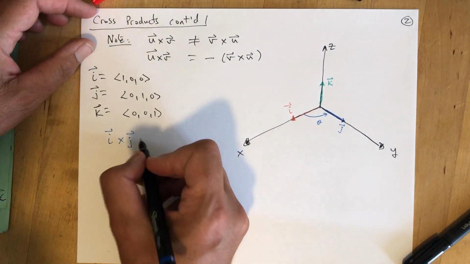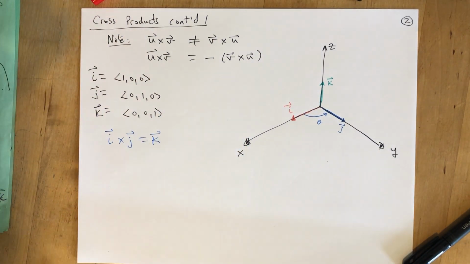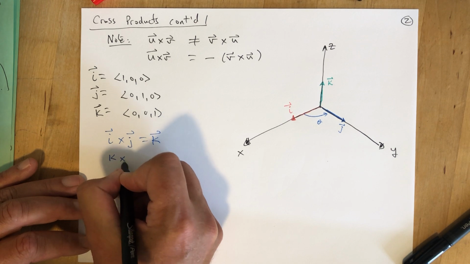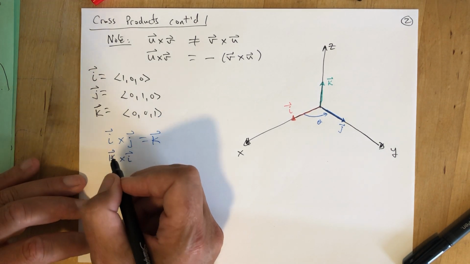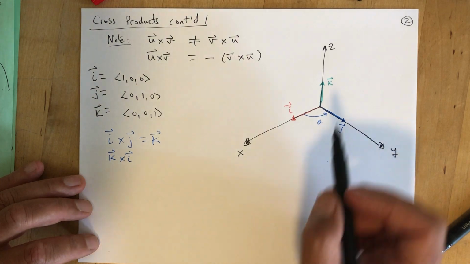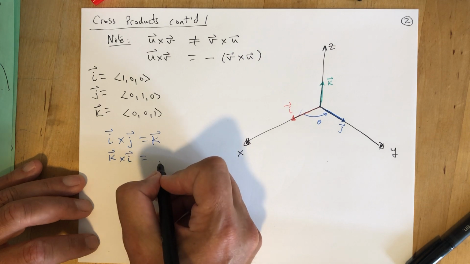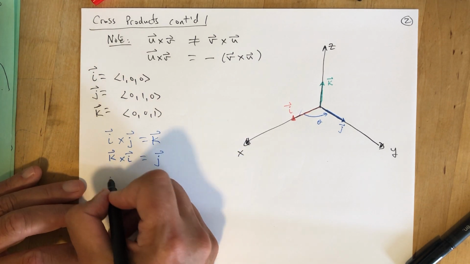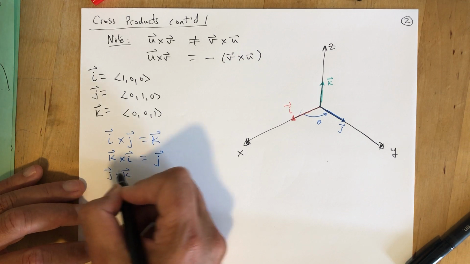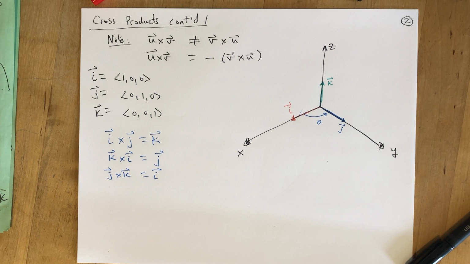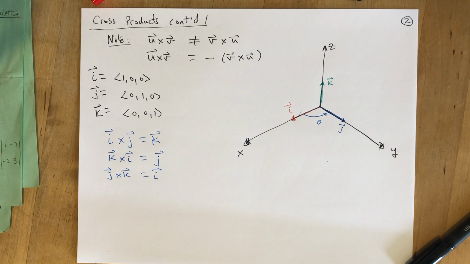I cross J equals K by the cross product. And similarly, if I take K cross I, so let's see here, K cross I gets J. And if I take J cross K, I get I. And we can use all these to figure out how to find the cross product of two vectors in 3-space.